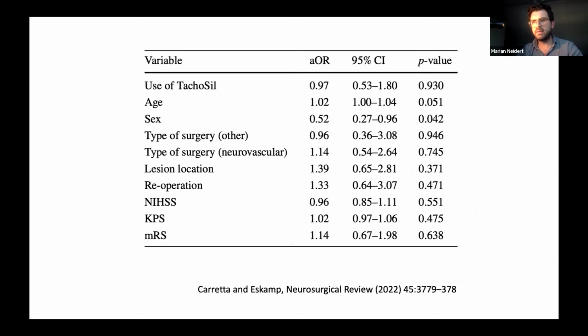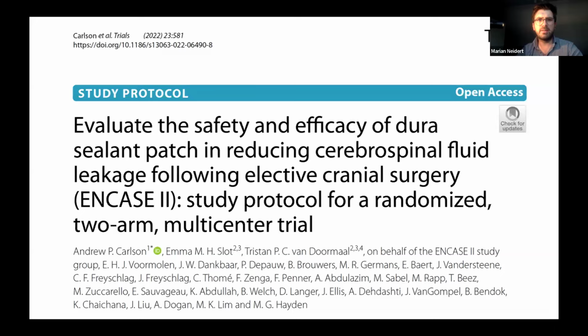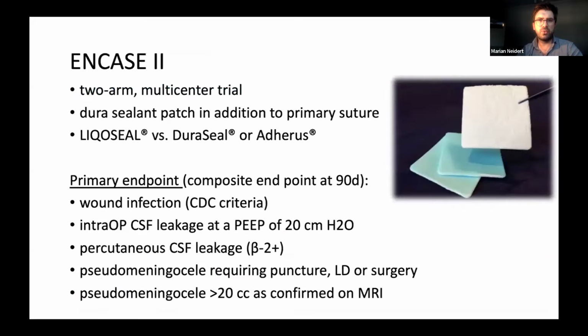Of course, that's retrospective data, but there's also a trial on the way, called the NCASE-2 trial, a two-arm multi-center trial that looks at another xenograft, called LipoSeal, which is also meant to augment the primary closure.